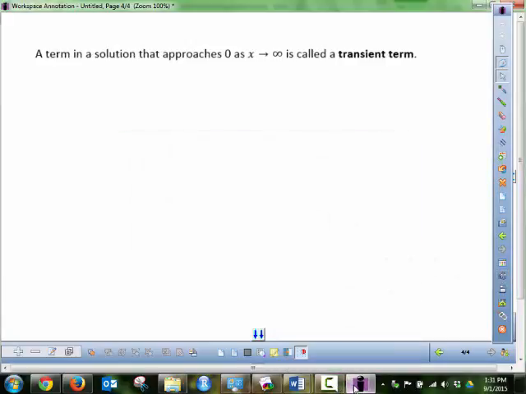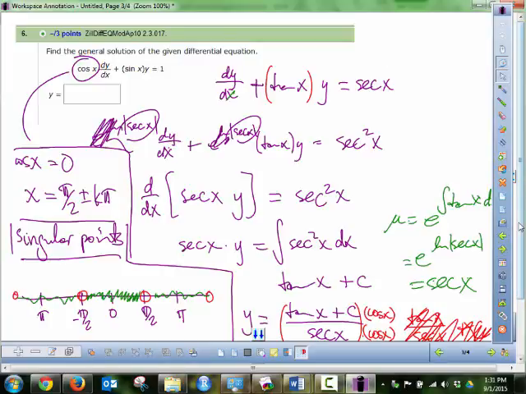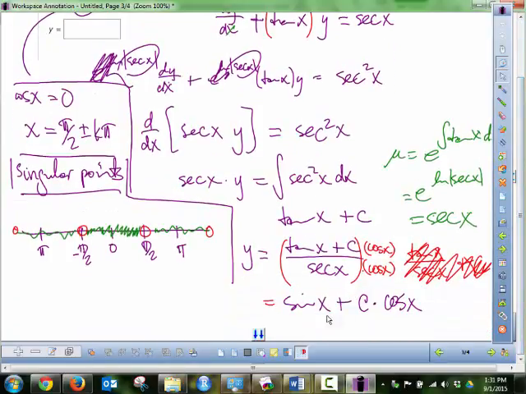So if we take a look at our solution, we have two terms here. We have a sine x and a constant times cosine x. Does any of them approach 0 as we go off to infinity? The sine x just oscillates, and a constant times cosine x is just going to oscillate as well.